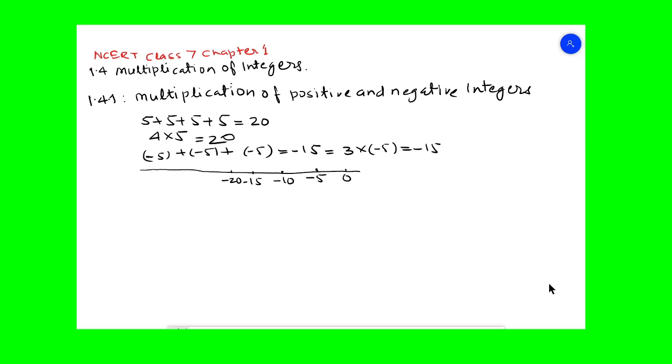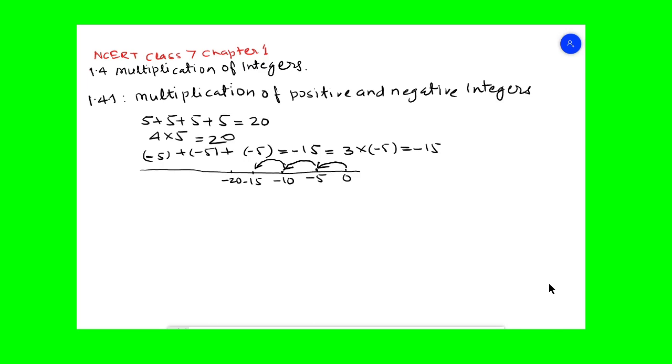This gives us minus 15. If we go from 0 towards the left, this is minus 5, and we add another minus 5. We go to minus 10, and then we add one more minus 5. We have reached minus 15. So minus 5 plus minus 5 plus minus 5 equals minus 15. What we have done is multiply 3 by minus 5, and we write it as minus 15.